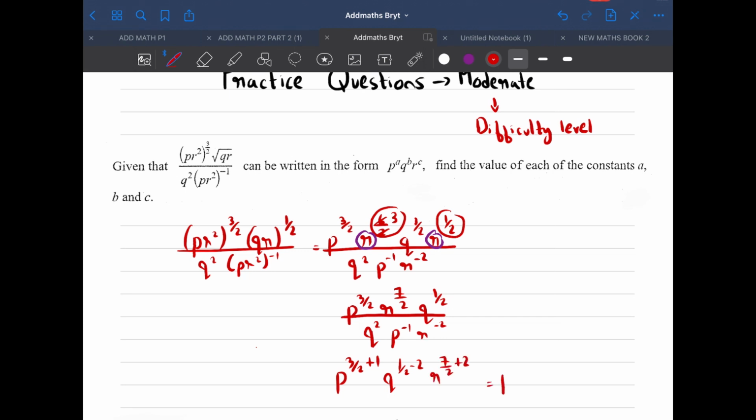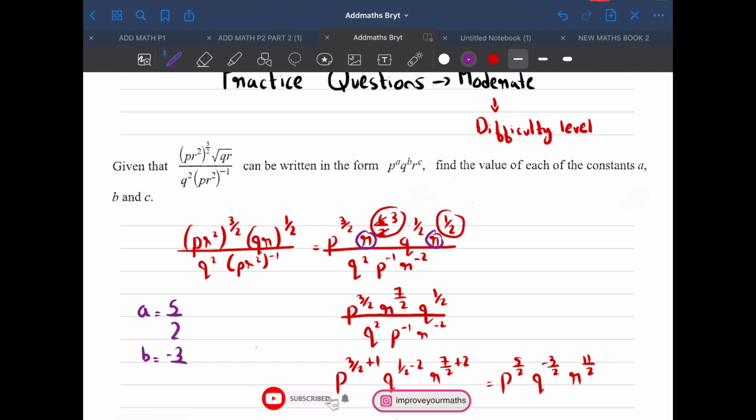So my answer will be P power 5 upon 2, Q power minus 3 upon 2, and R power 11 upon 2. In this question, we were supposed to find A, B, C. So my value of A will be 5 upon 2, my value of B will be minus 3 upon 2, and my value of C will be 11 upon 2.